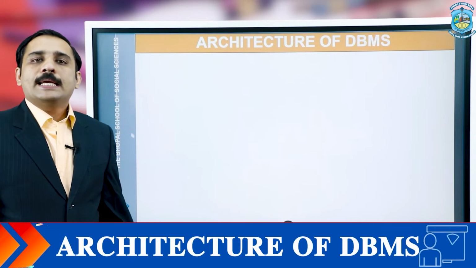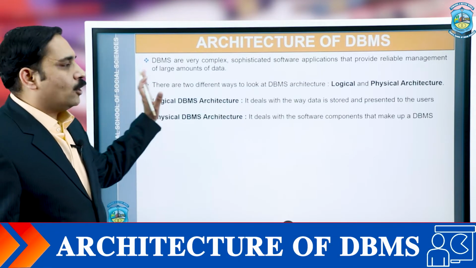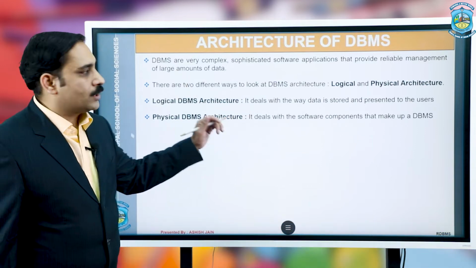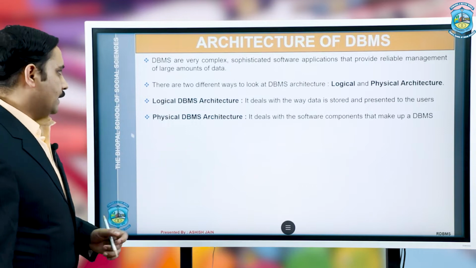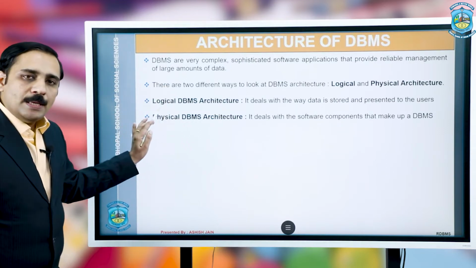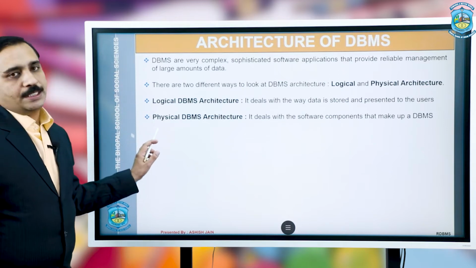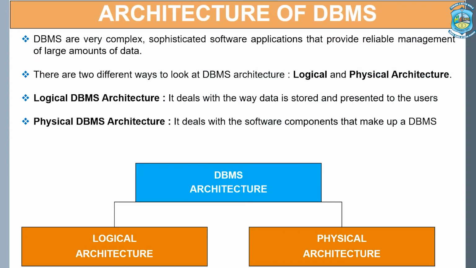Now we come to the architecture of the database management system. Broadly speaking, DBMS are very complex and sophisticated software, so we have to understand the architecture behind creating the DBMS. There are two basic ways to look at the DBMS. First is the logical DBMS architecture. The second one is the physical DBMS architecture. By logical architecture, it means that it deals with the way data is stored and presented to the users.